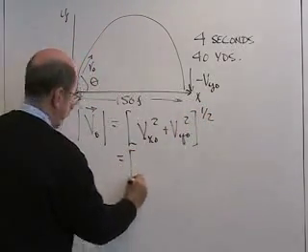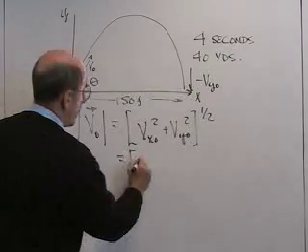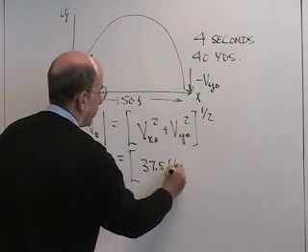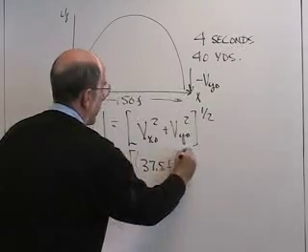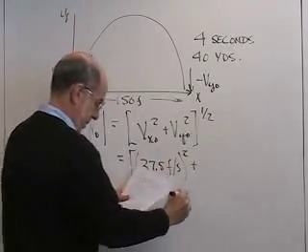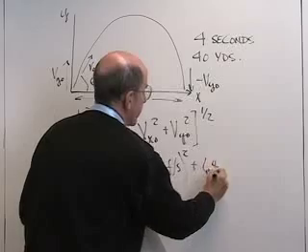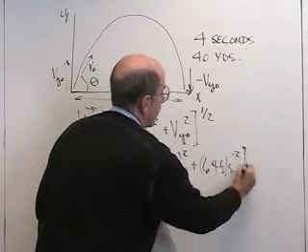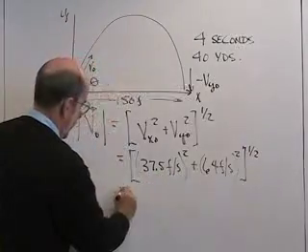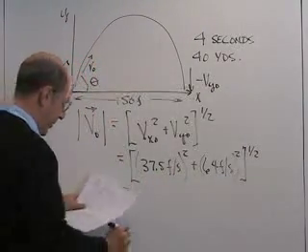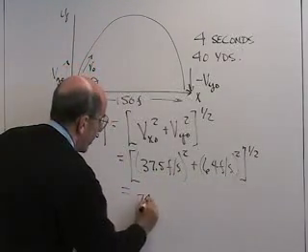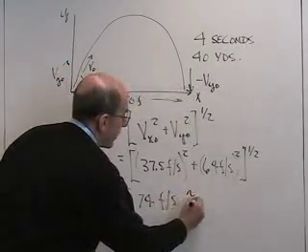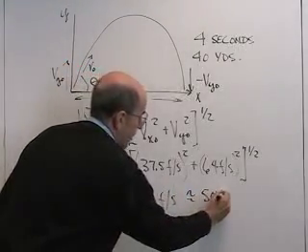That should be equal to the 37.5 feet per second squared plus 64 feet per second squared, to the 1/2. And that gives us that V0 is 74 feet per second. That turns out to be about 50 miles an hour.